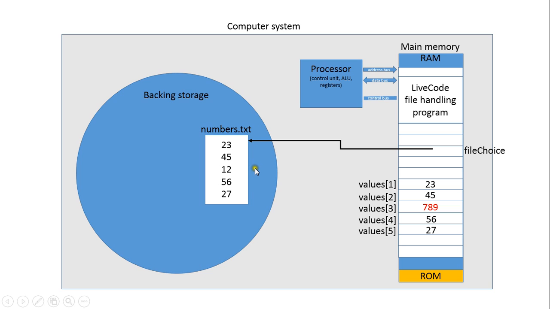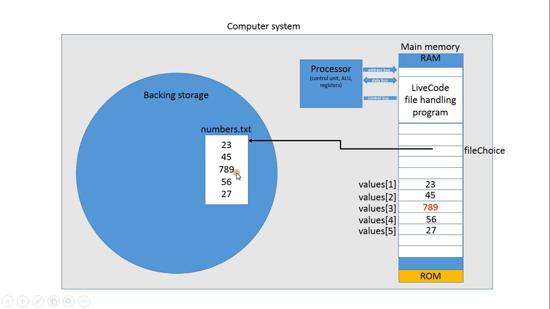The first time I opened it for reading, so the values could be read into RAM, and now I'm going to perform a write operation so that the values get written out to this data file. So I assign file choice to the external file, I open it for writing, and then those values get transferred back out to the external file.